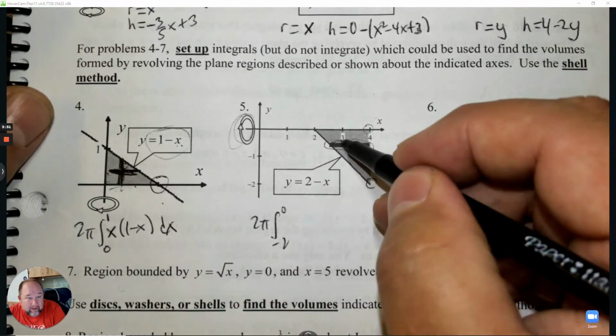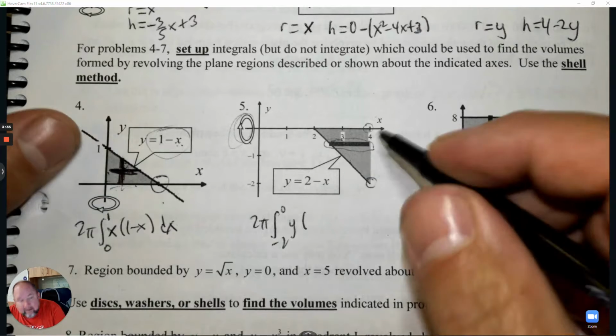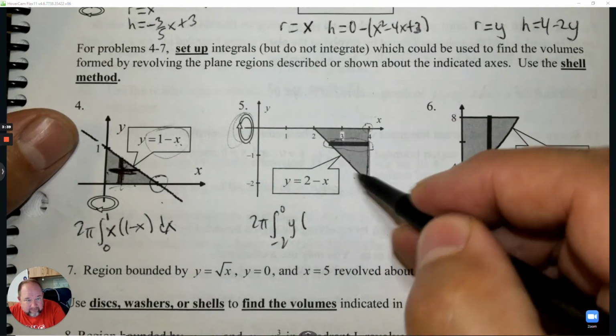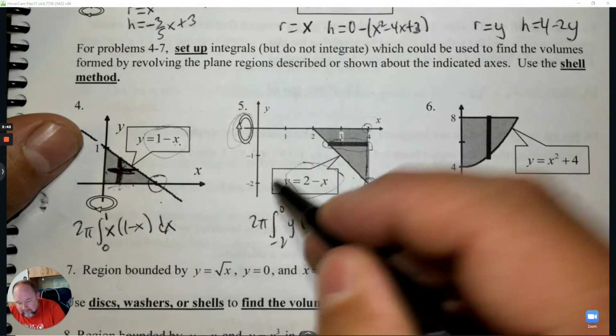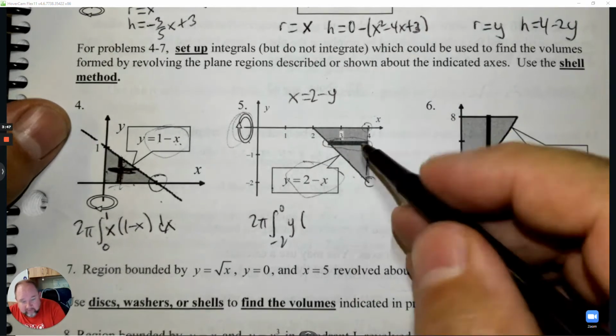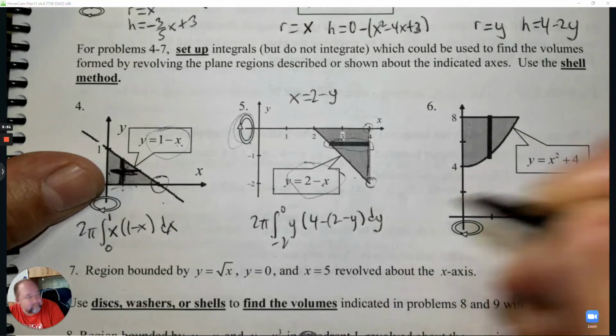The radius would be y, take away 0 or just y. And the height would be right subtract left. So I need to rearrange this. So I'm going to add x and subtract y. So it's going to be 4 subtract 2 minus y. You have your answer.